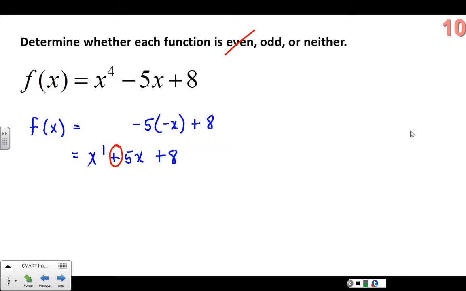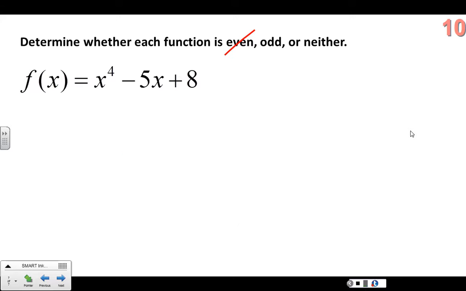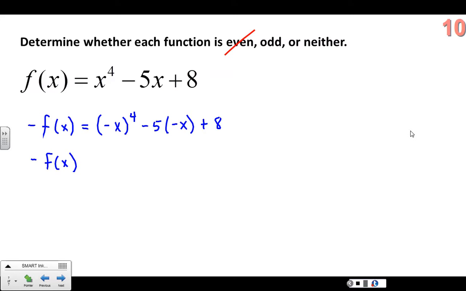Let's do the test for oddness and see if that works. So we're going to negate y, so negative f of x, negative x to the fourth, okay, so I get negative f of x, that makes positive x to the fourth, plus 5x, plus 8.